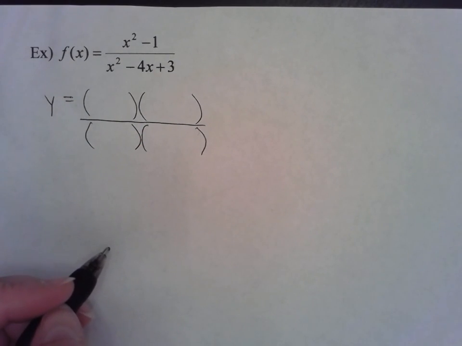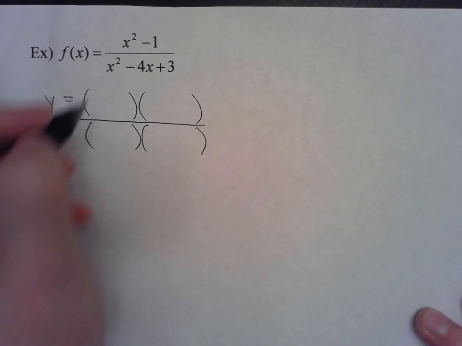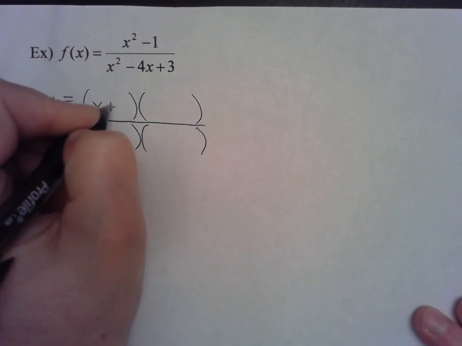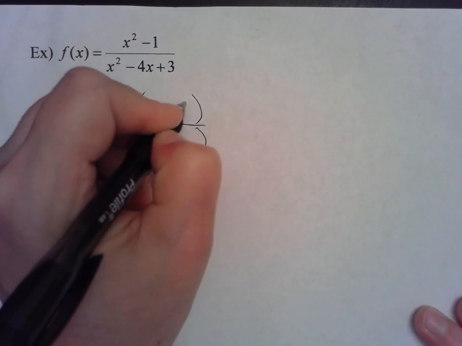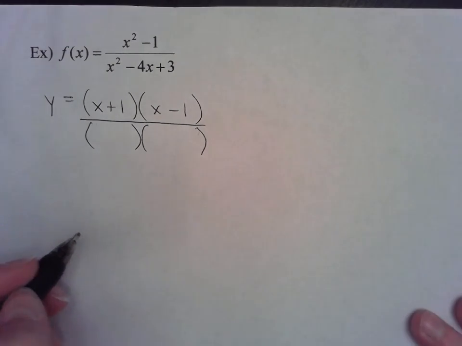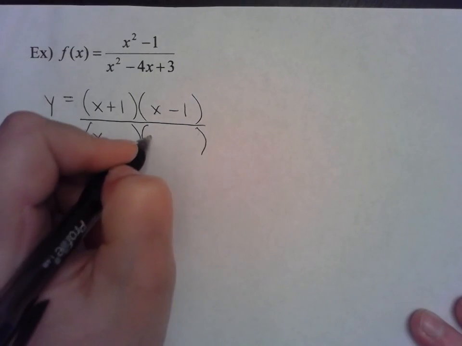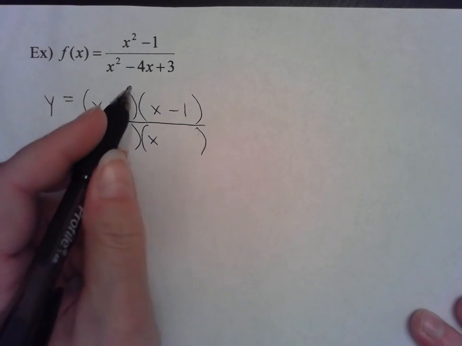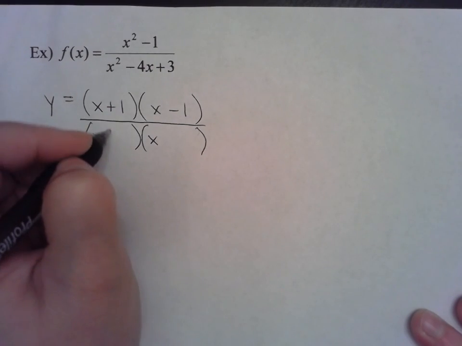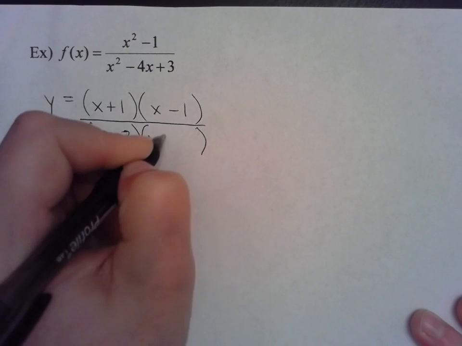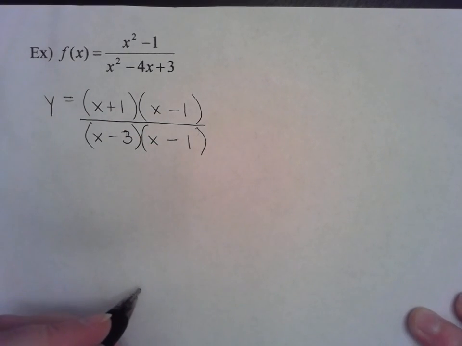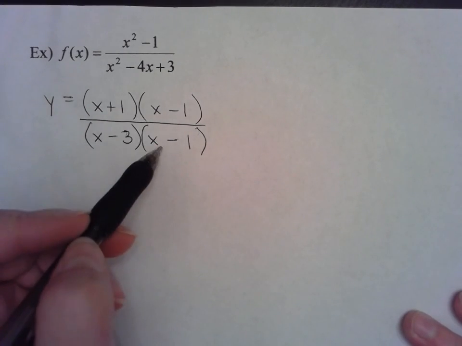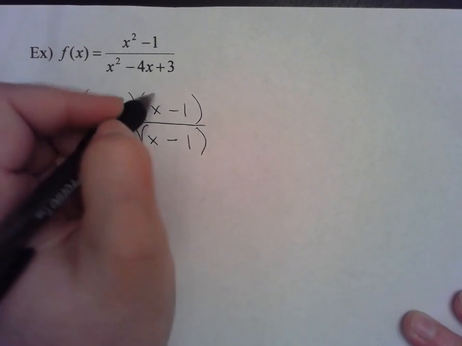If I factor the top, I have a difference of squares. So we have x plus 1 and x minus 1. If I factor the bottom, I need two numbers that multiply to be 3 and add to be -4. So -3 and -1 are going to work really good. You can see that I have x minus 1 on the top and the bottom, so I can cancel.